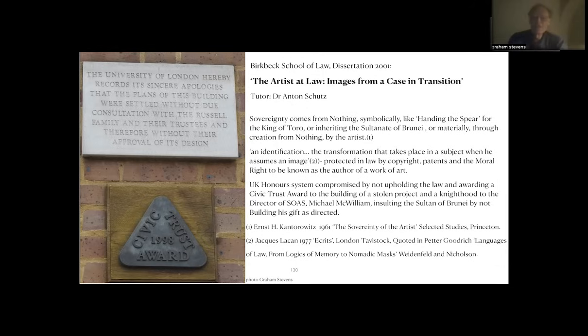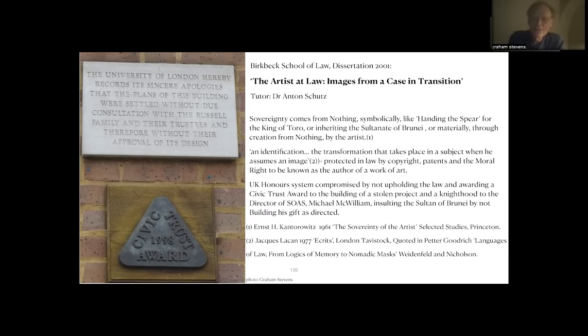Now that is the basis of the artist's ownership of his property, which is equivalent to the ownership of land or any other property, and has very, very strong protection in law by copyright, patents, and the moral right to be known as the author of the work of art.